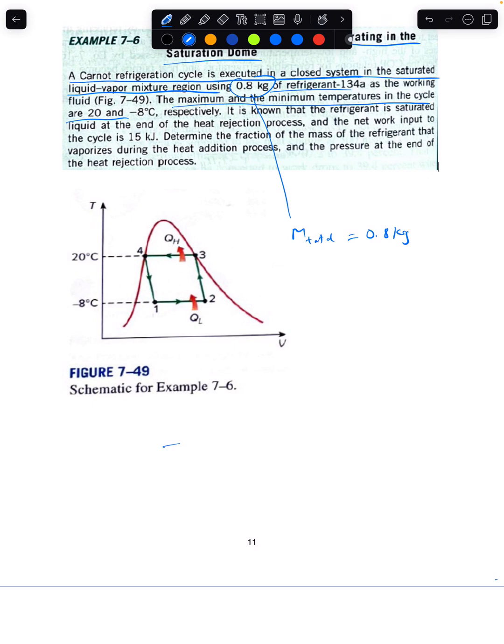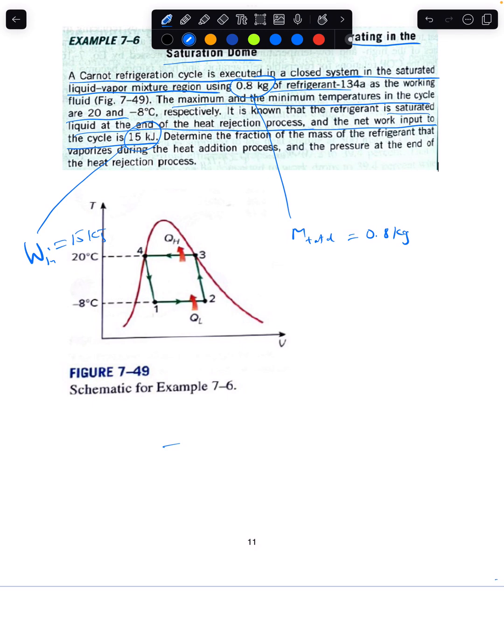The refrigerant is saturated liquid at the end of the heat rejection process, and the net work input to the cycle is 15 kilojoules. So 15 kilojoules is the value for the work into the system.